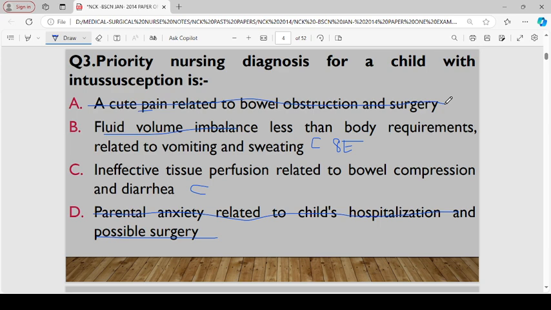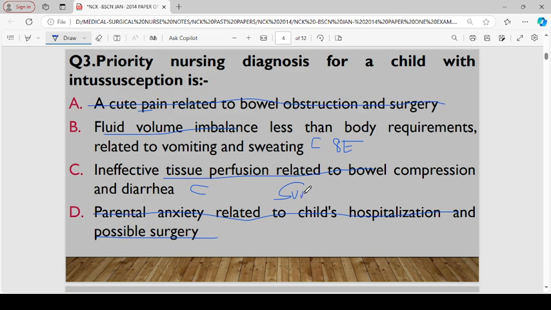So we remain with fluid volume imbalance less than body requirements related to vomiting and sweating, and ineffective tissue perfusion. So how can we correct this ineffective tissue perfusion? Probably through surgery. So you see, surgery may take time.